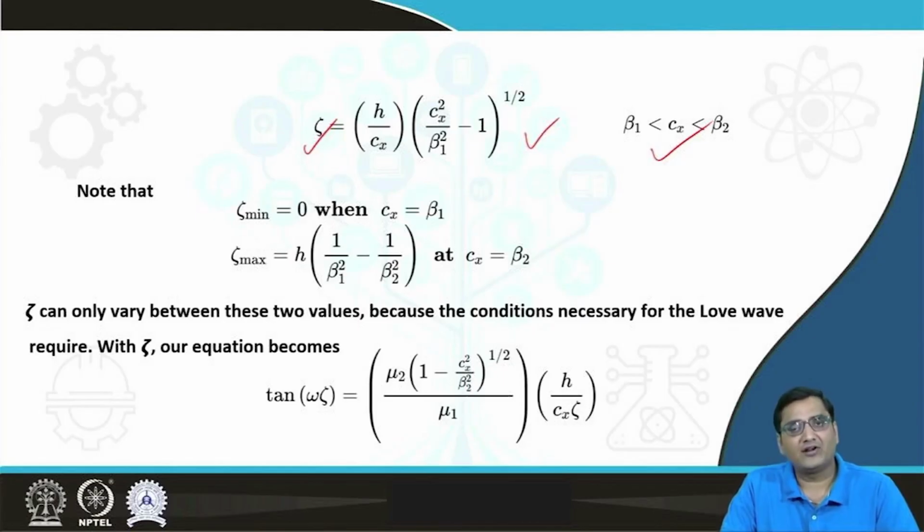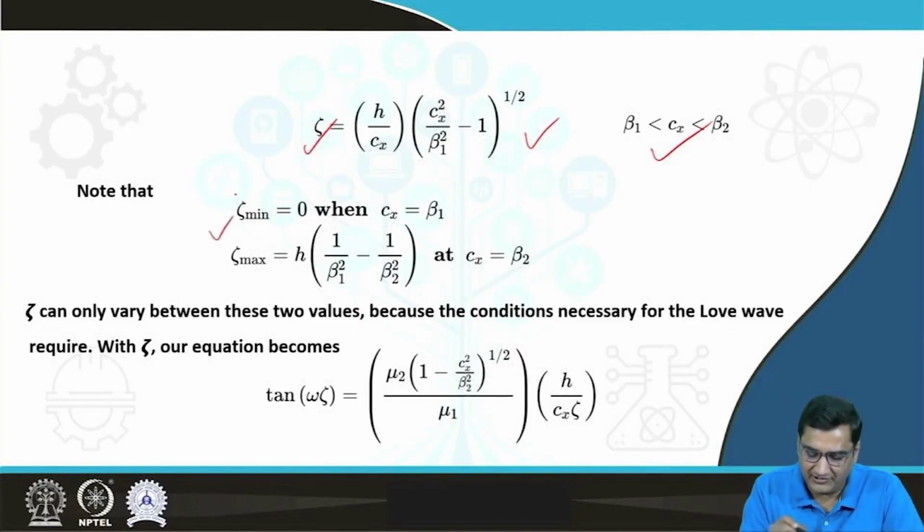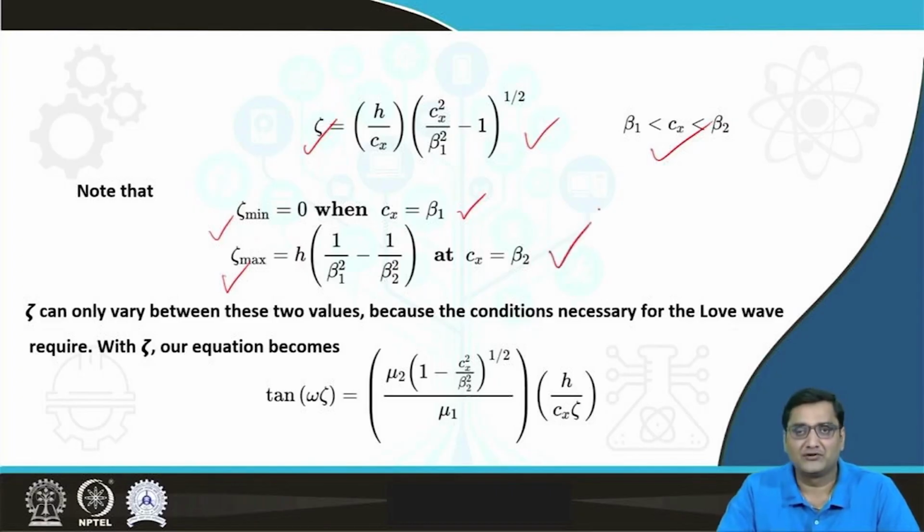Now let's see what the range of zeta is, what the minimum value and the maximum value of zeta are. The minimum and maximum values of zeta occur at the minimum and maximum values of the horizontal apparent velocity, that is cx. So zeta minimum will be 0 when cx is equal to beta 1, and zeta maximum will be equal to h upon the square root of 1 by beta 1 square minus 1 by beta 2 square, at cx equal to beta 2.